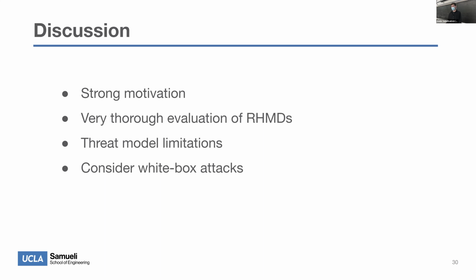But with a white box attack, the attacker already knows all of the stuff that's happening in these HMDs or RHMDs, and so the improvement in making it difficult for them to reverse engineer these HMDs is no longer relevant if they know the structure of the RHMD to begin with. And so that's kind of another topic altogether that could be considered in the future.